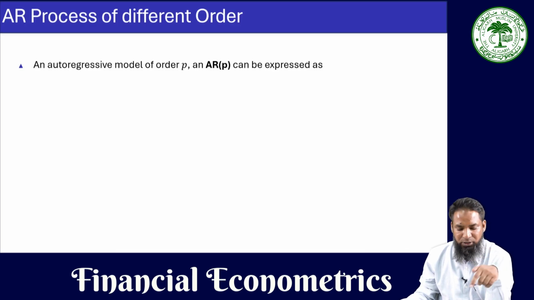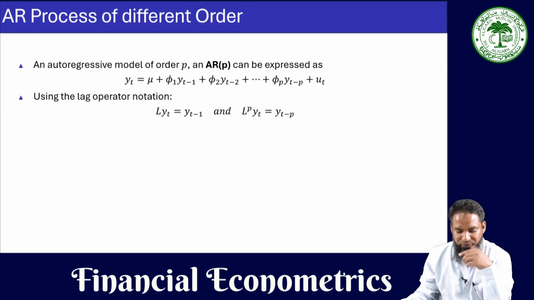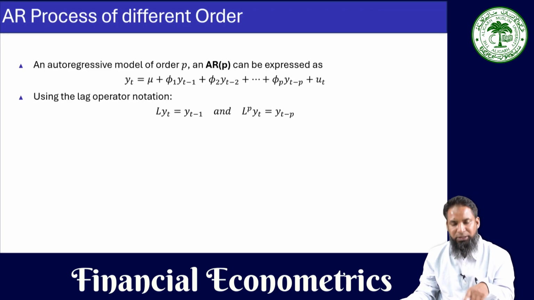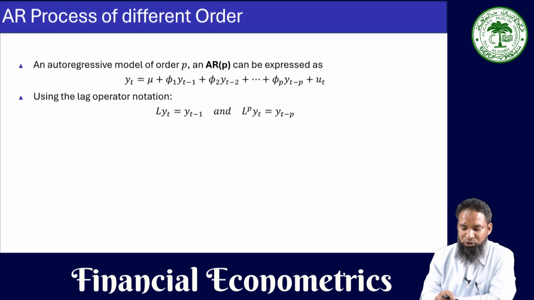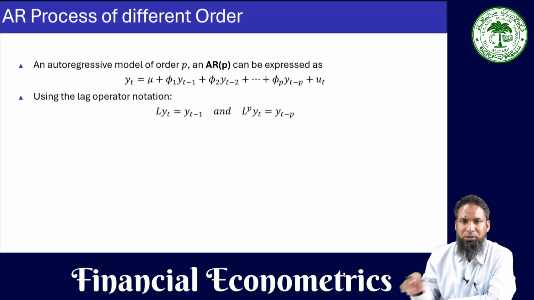So an autoregressive process can be written like this. However, using the lag operator notation, we know that L of yt is yt minus 1. Similarly, L to the power p into yt is yt minus p. This we have already discussed in the previous lectures.